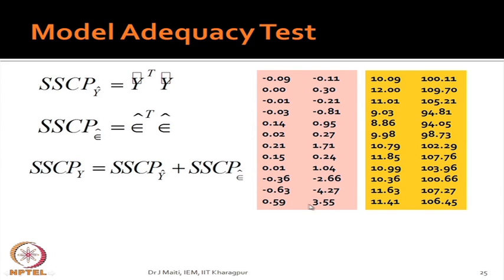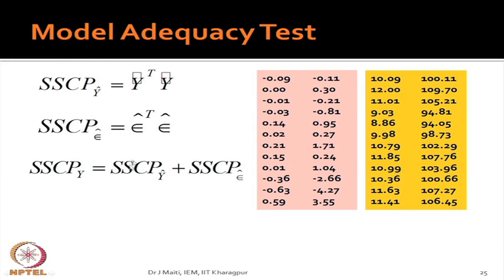So, this data can be used, because this is epsilon cap, to find out that 2 cross 2 SSCP matrix. Now, what is this one? This is the predicted one, which is y cap. The predicted one, when subtracted from the actual y value, gives this residual. So, this can be used to find out this SSCP y.